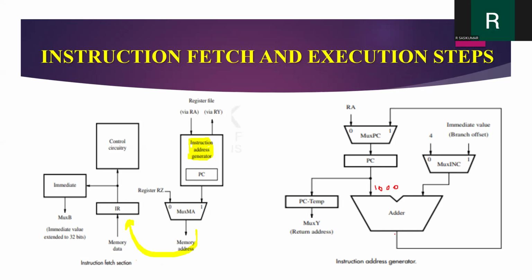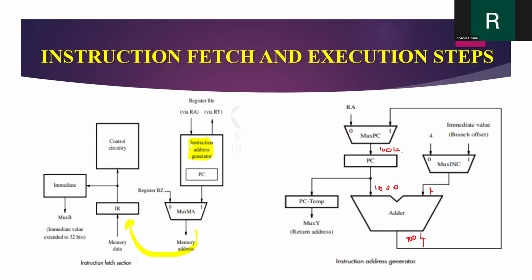Once the instruction is moved on to IR, automatically the program counter will be incremented by 4. So 1004 will be sent to the multiplexer. If it is 1, the program counter points to the address of the next instruction. This is the way to generate the address.